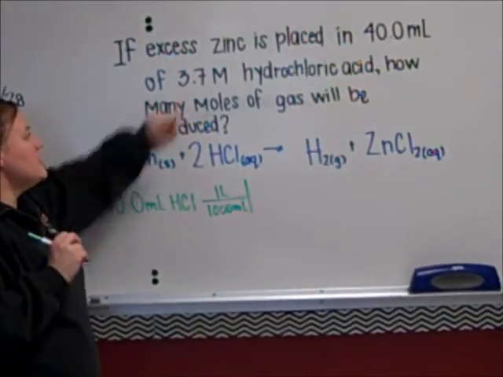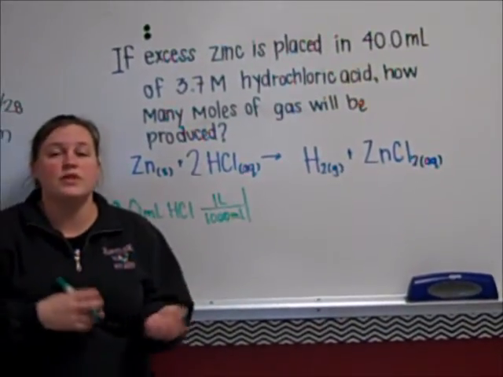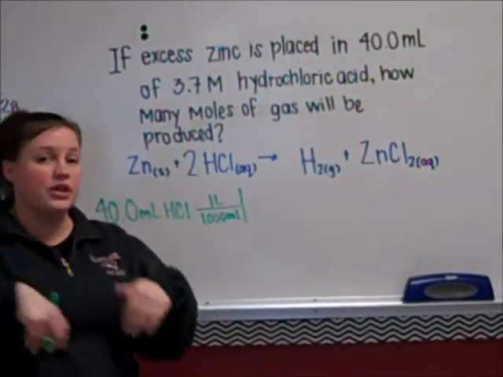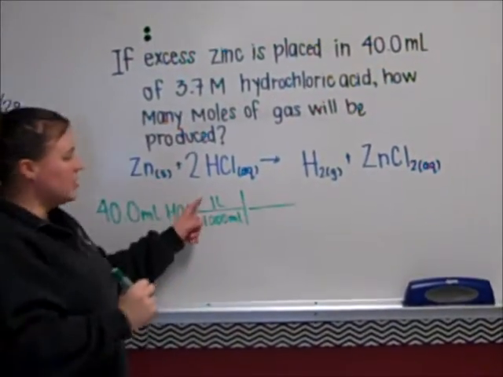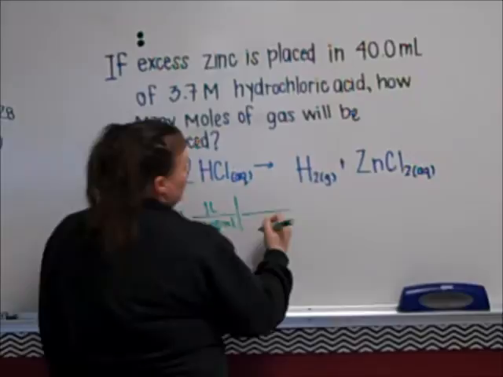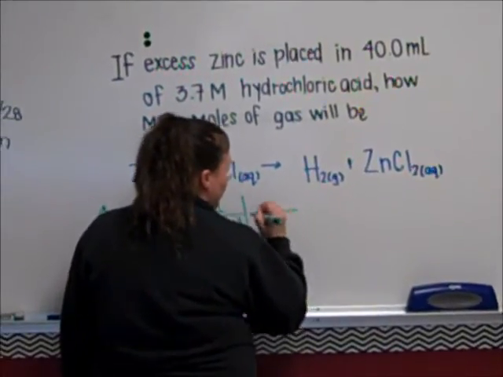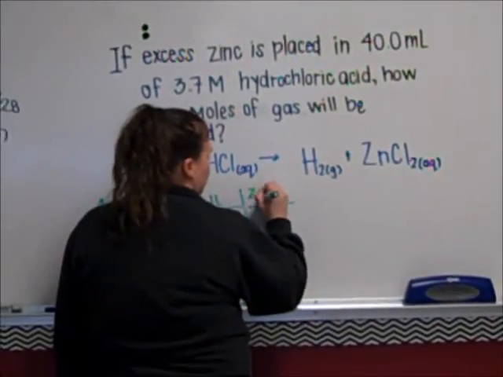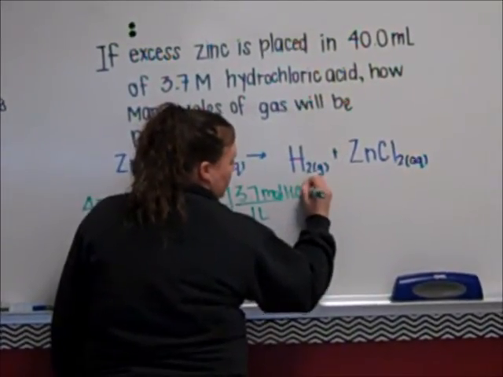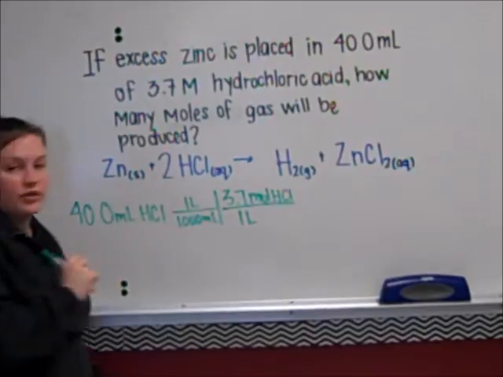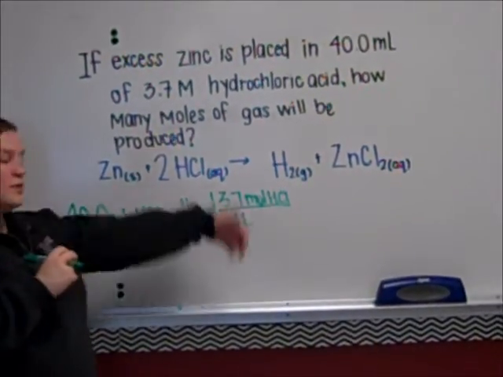This molarity we'll use similar to how we did with density, where it's moles per liter, so we can use that as a conversion factor. Because our liters are on top here, we need to put our liters on the bottom of the conversion factor, making it 3.7 moles of HCl for every 1 liter of HCl. And this is where we can use our stoich.